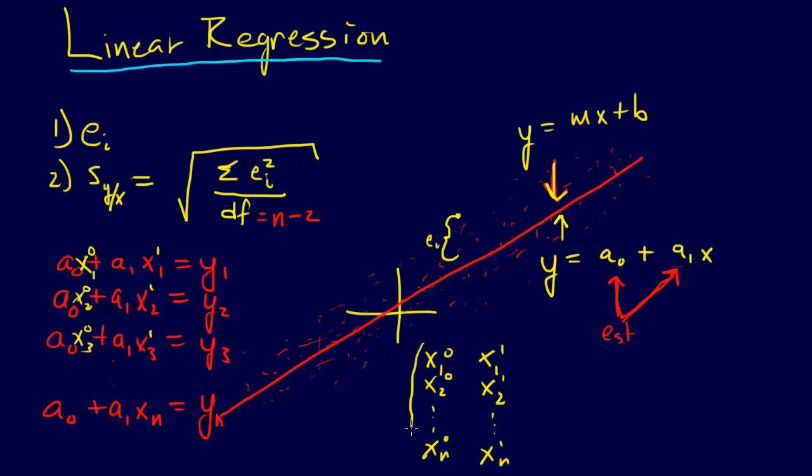Okay, so there's our matrix here. And then we're going to have only a naught and a1, and that is equal to y1, y2, all the way down to yn.